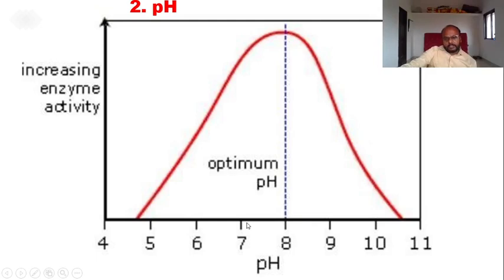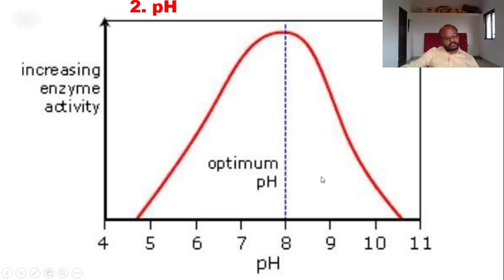But in a neutral range, that means pH 7 or 8, the activity of the enzyme is increased. That means 7 to 8 is the optimum range of pH. So we say that pH also affects the activity of the enzyme.